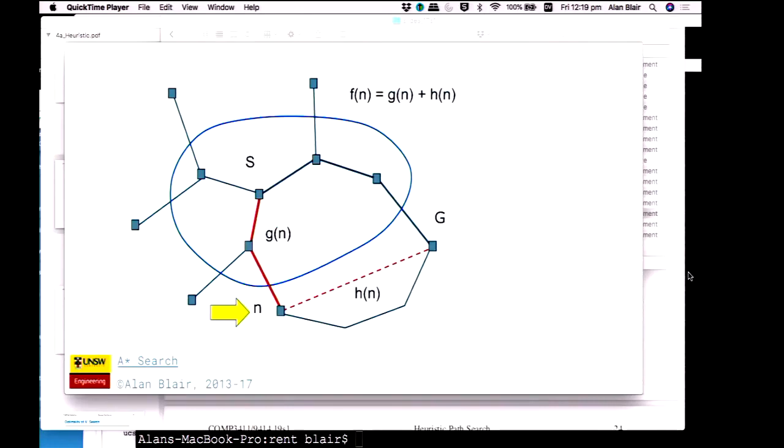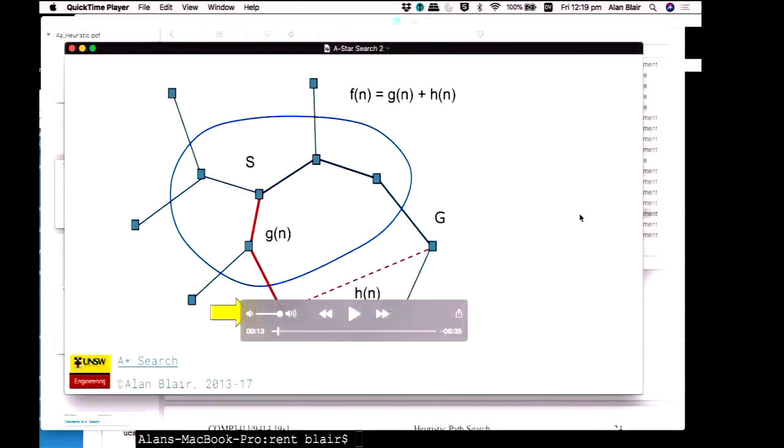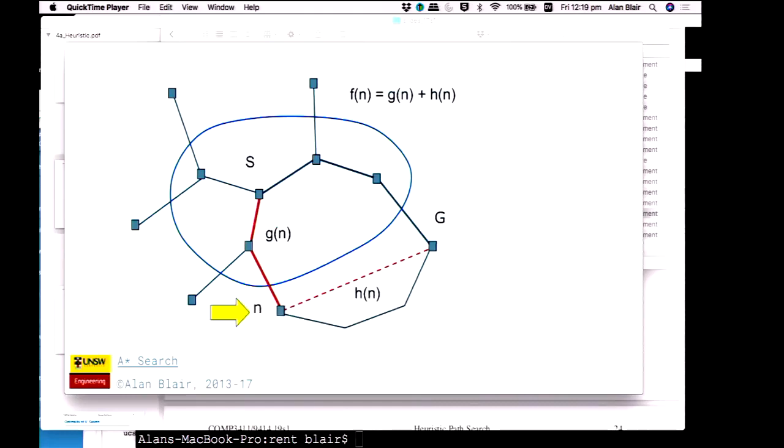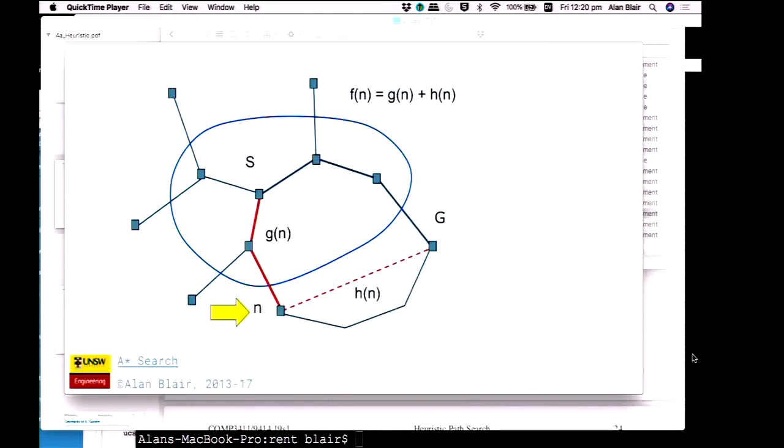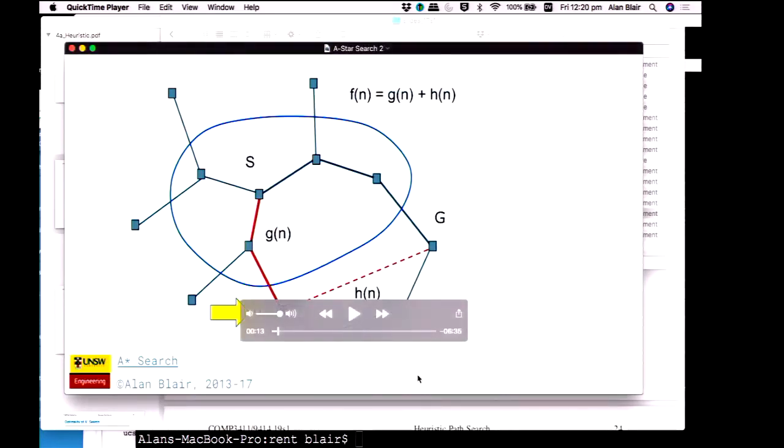When we decide to expand this node n, we base it on this part of the path from S to n, and then this dotted line is our estimate of the distance from n to g, which is always less than or equal to the actual distance, shown like this. That's h of n, and this distance along here is h star of n.